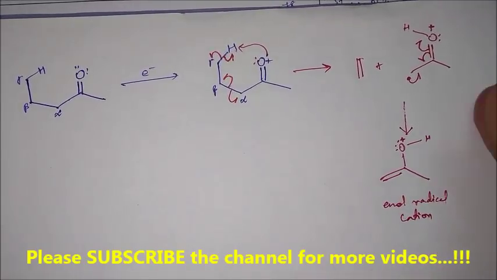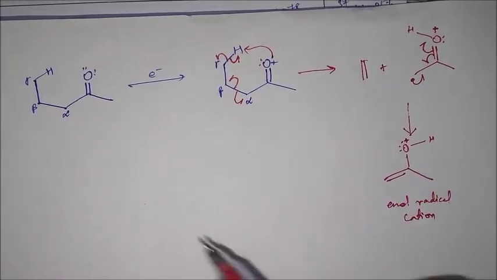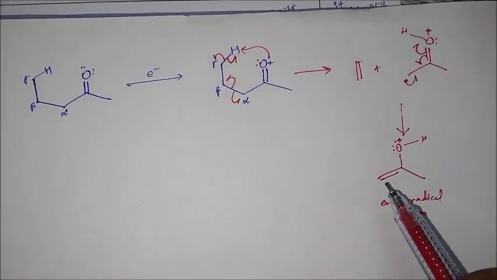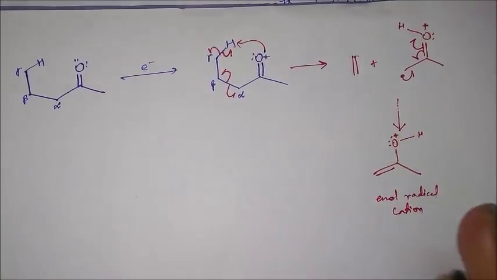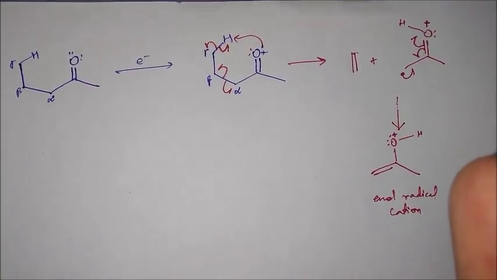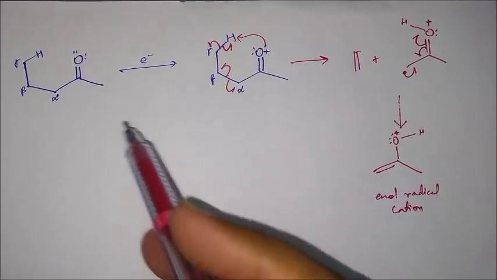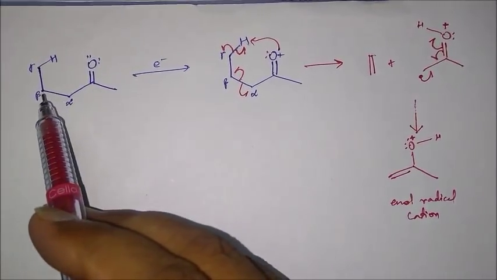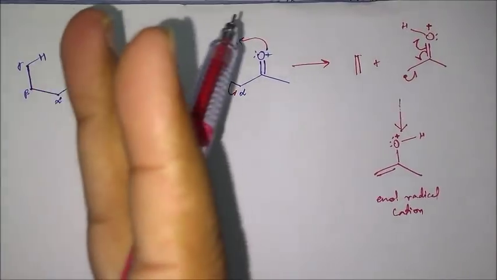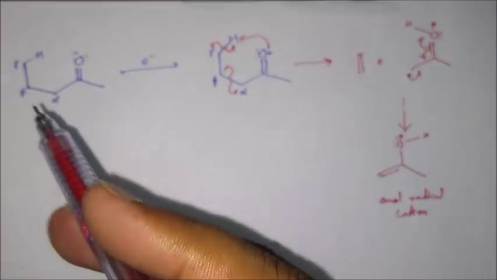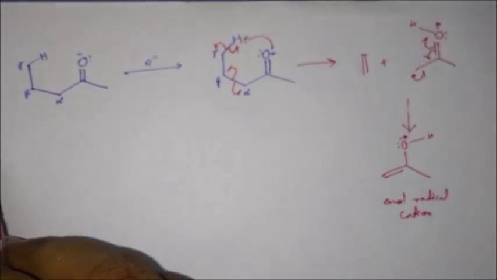So this is the mechanism of McLafferty rearrangement. You don't have to do many things. This seems to be a little tricky, but nothing much is happening. You have to break the bond between the alpha and beta carbon, split off the other things on that side, just take them out, so that will be gone.